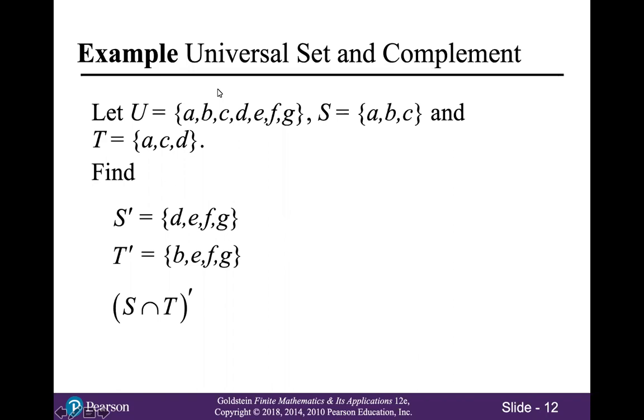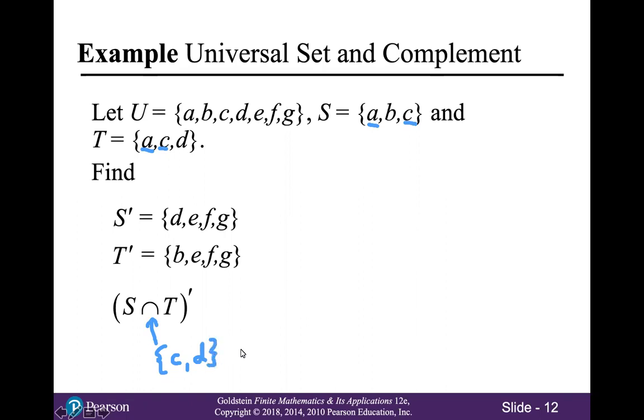So first, let's talk about what is in S intersect T. And I believe that's two things, right? The letter A is in both sets, and the letter C is in both sets. So S intersect T without the complement is the letters A and C. Bear with me while I try to write with my mouse.